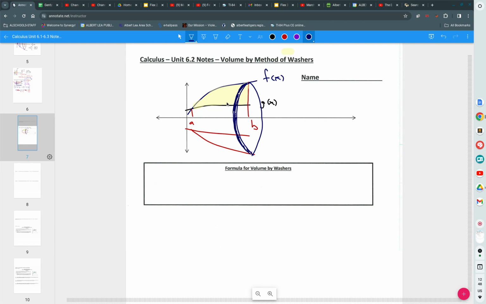The difference is that there's going to be a space on the inside that's empty. You don't have to draw it perfect, but you want to be able to visualize what's going on.